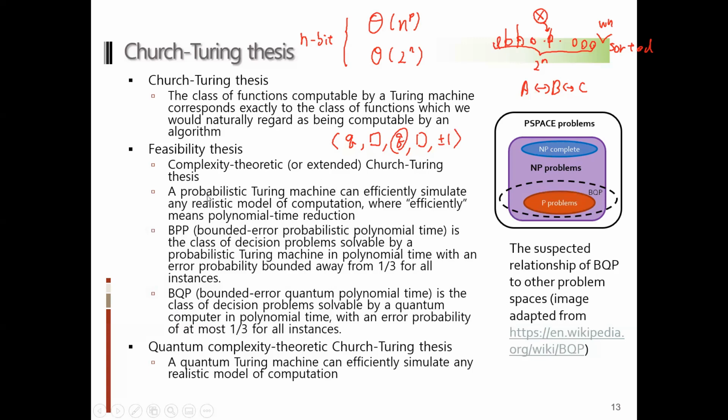But still, to maintain the generality, this extended Church-Turing thesis states that the probabilistic Turing machine can efficiently simulate any realistic model of computation.